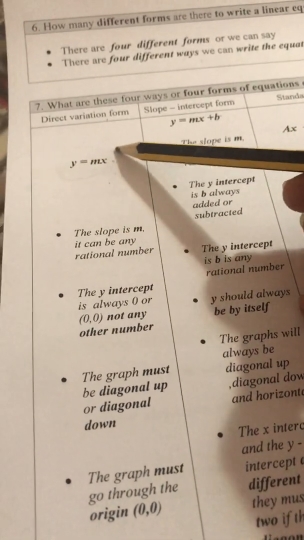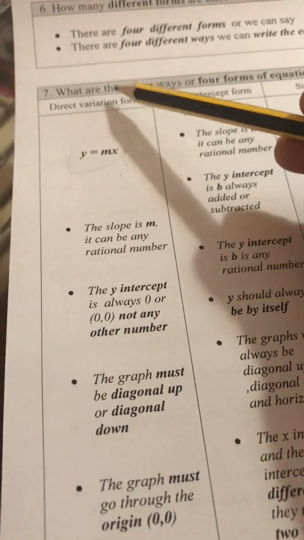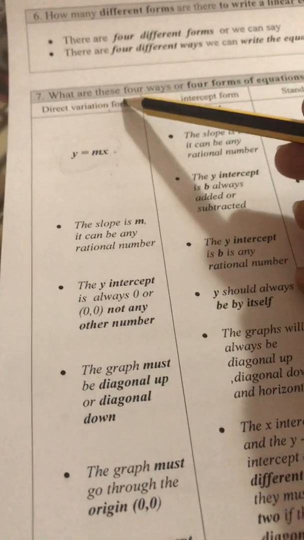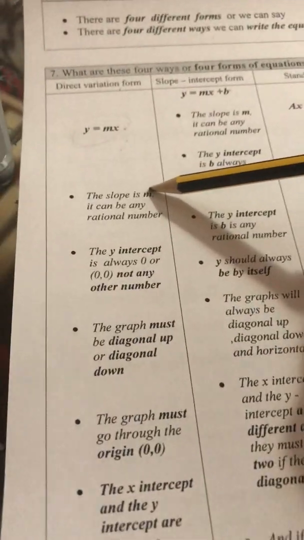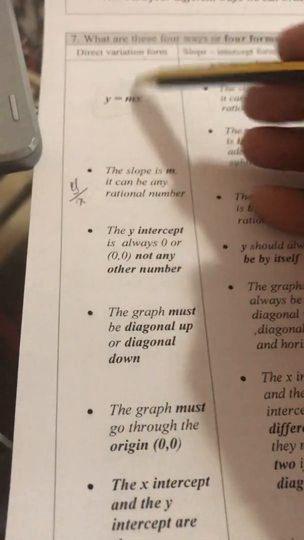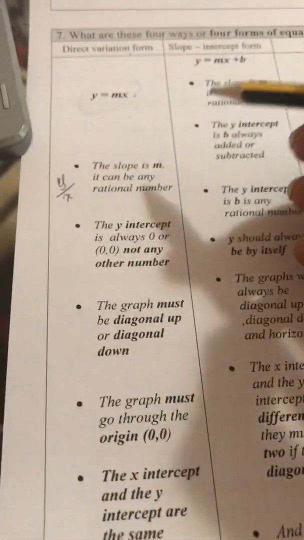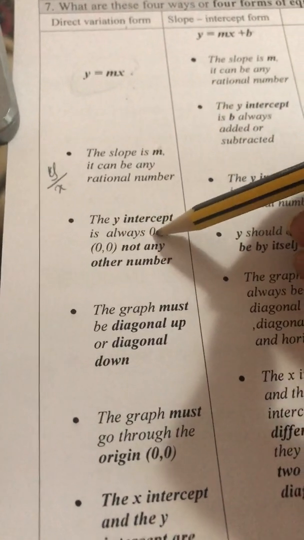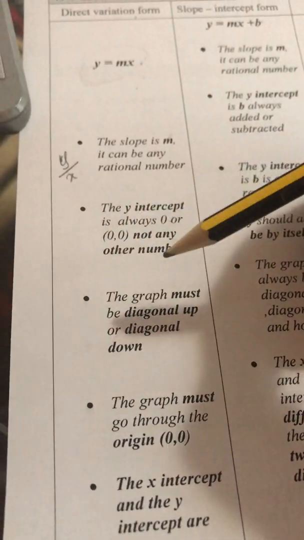When you have the direct variation form, it is written like this. When you see an equation written like this, you should know it's called the direct variation form. The slope is m. How do you find the slope? y over x. That's the method you will use when you have direct variation. The y-intercept is always 0, or you can write it as 0, 0.